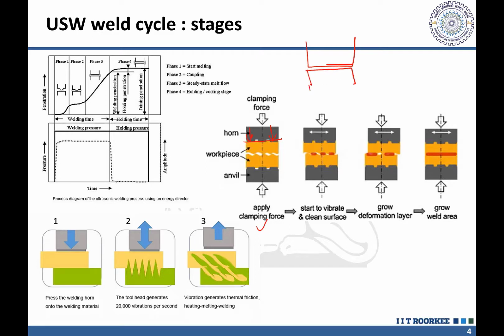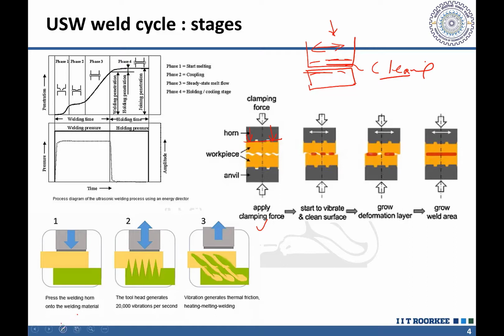Say one part is fixed and another is being moved under the normal load. This will be leading to rubbing at the interface. This rubbing will be leading to the breaking, damage or fracture of the surface impurities and oxide layers. In turn it will be facilitating surface cleaning.